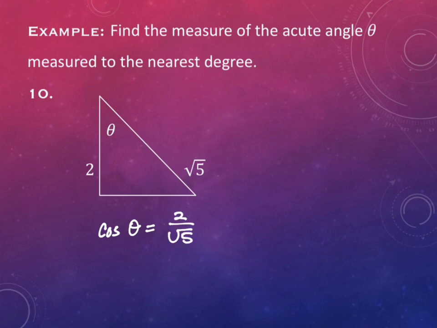But somehow I've got to get theta by itself. And I can't divide by cosine because cosine is not a number, right? It's like you can't divide by square root. That doesn't make any sense, right? Nobody would even try to do that. We can't divide by cosine. It's not a number. So what we do is we do the inverse cosine. And we do it to both sides.